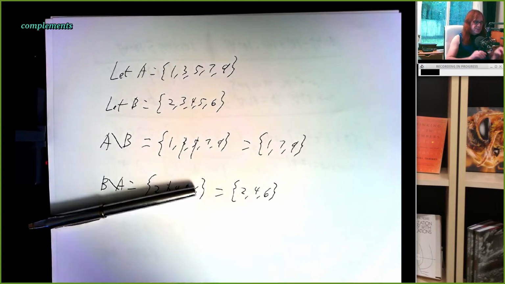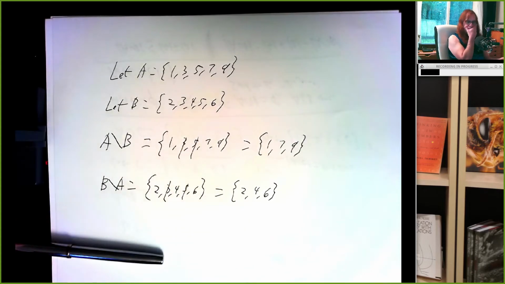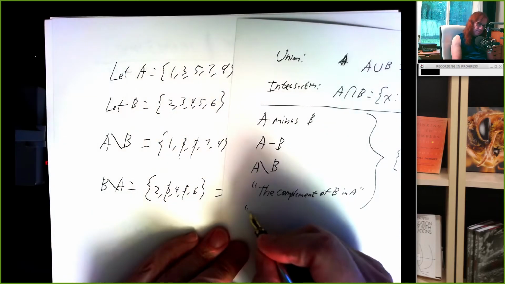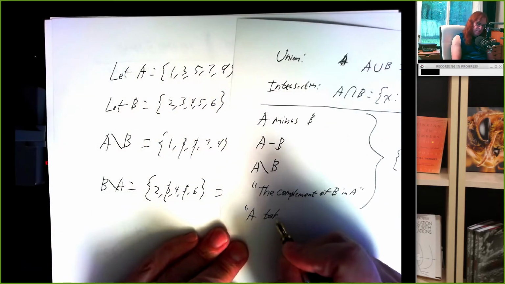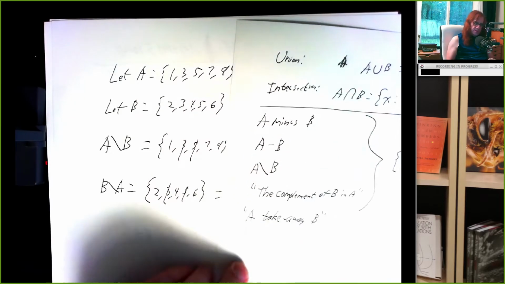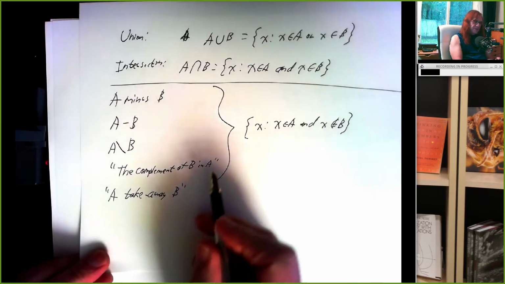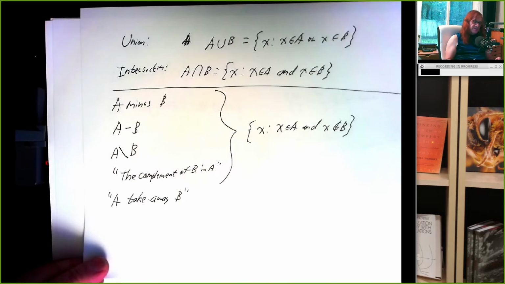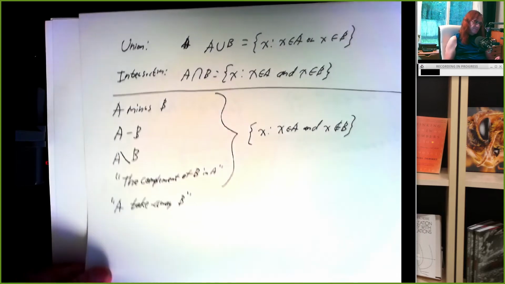All right, everybody clear on this operation? I usually won't say A backslash B. I'll usually stick with the complement of B in A, but all these different things are equivalent.